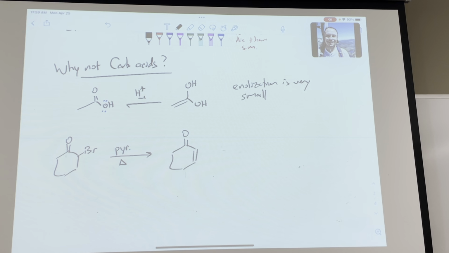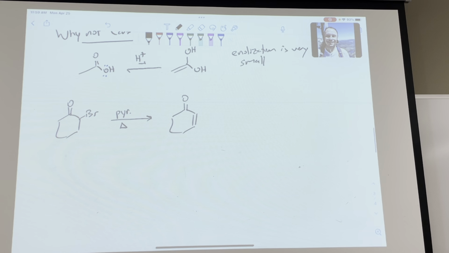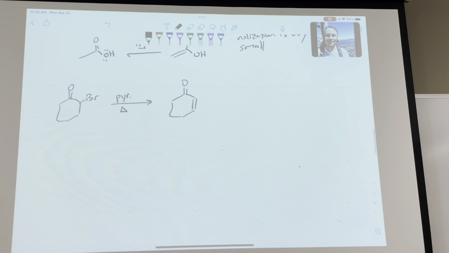Now, if your goal was to make an alpha halo carbonyl compound, you could have done that without knowing this chemistry. All right, so if I wanted to make an alpha halo carbonyl, we could have done it.